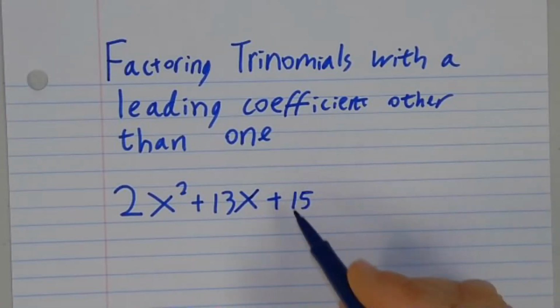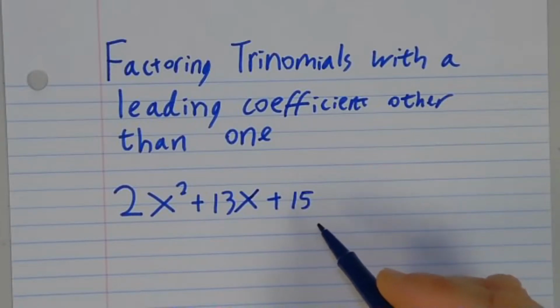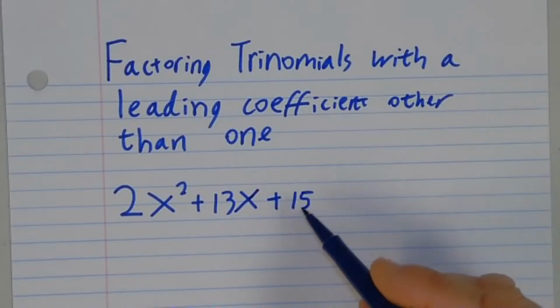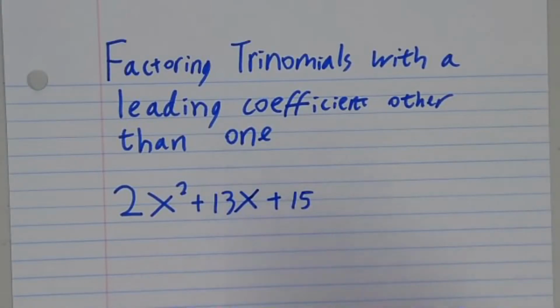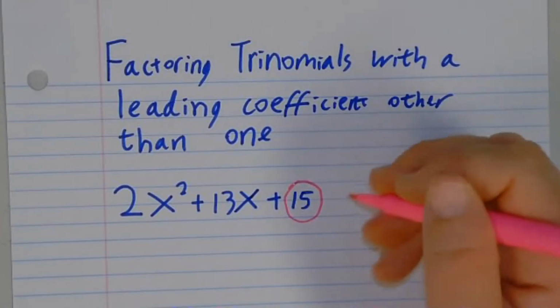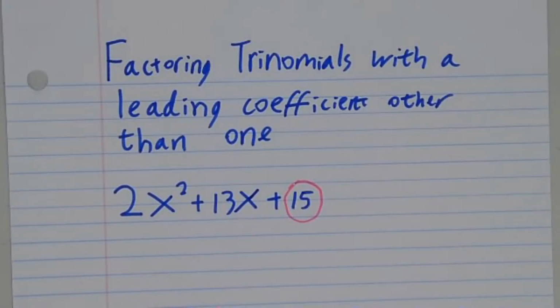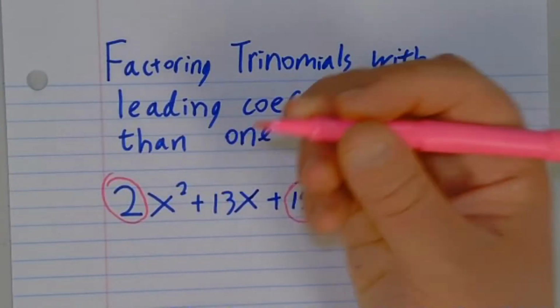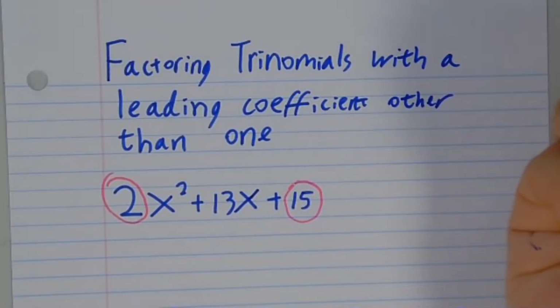Because before, we really only had to look at this constant. We needed some way to rewrite this so we could factor it nicely with this. But now we need to rewrite it so that it'll factor nicely with both this and this. And so the way we do that is we take this number that's the constant term and this number that's the coefficient of the leading term, and we multiply them together.